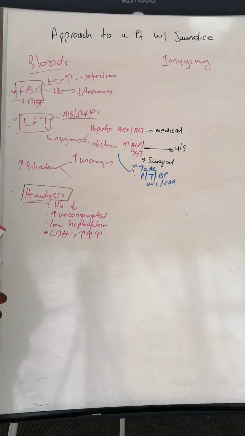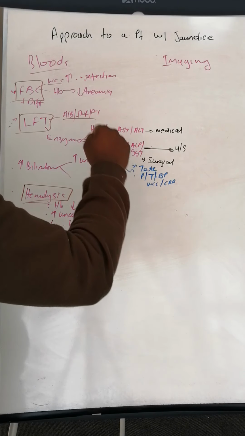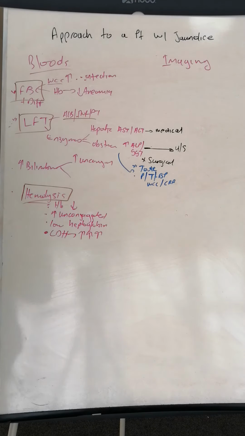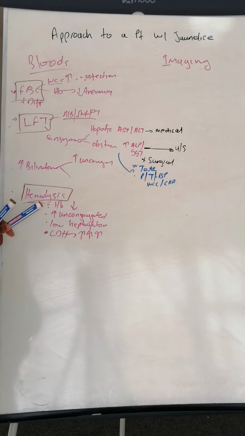That's why you've got the jaundice. But if those are fine or just mildly elevated, but you've got a predominantly increased ALP and GGT, then it means you've got a post-hepatic, obstructive jaundice. But if these are fine, but you've got a problem here, it means your problem is a hemolysis problem. So it's a prehepatic problem.